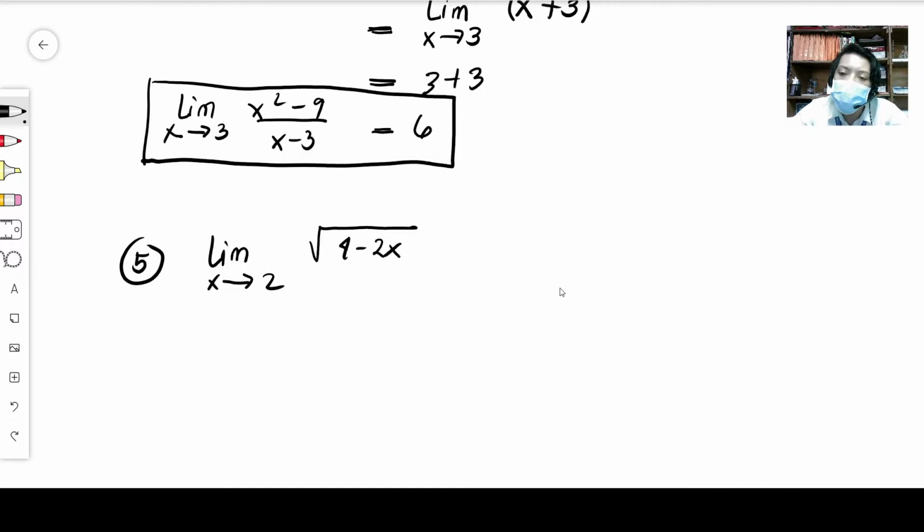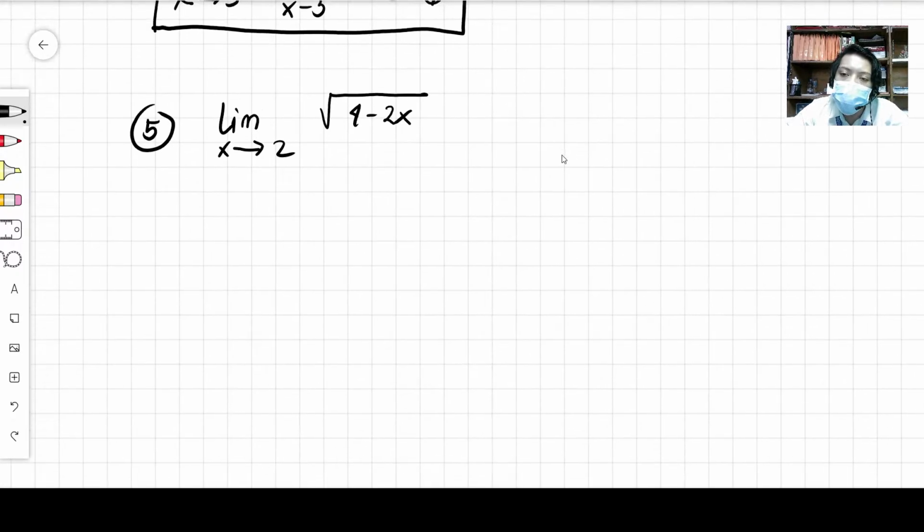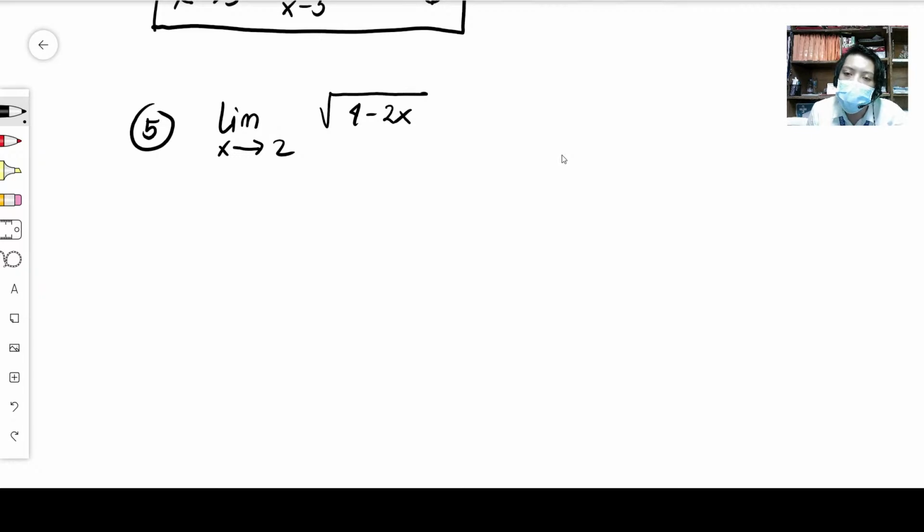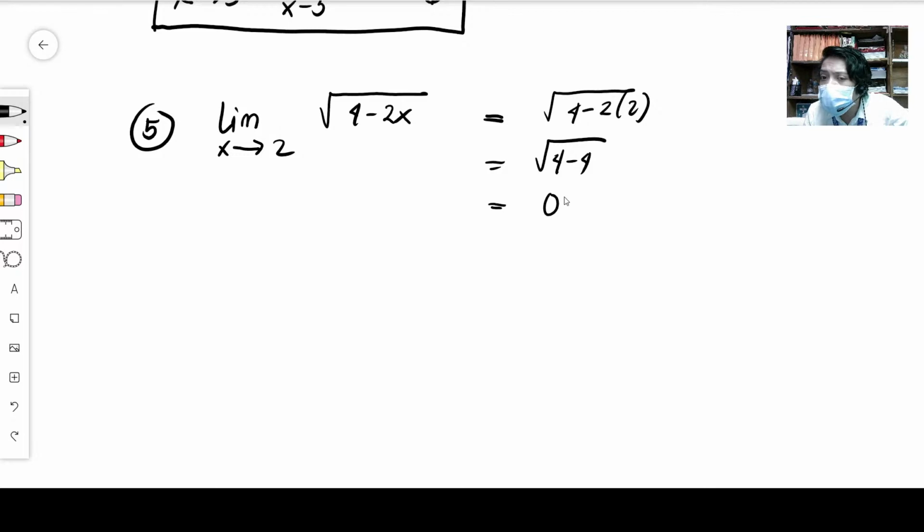How do we solve this? If you directly substitute, this will be the square root of 4 minus 2 times 2. This is equal to the square root of 4 minus 4, and the square root of 0 is 0. So the limit of the square root of 4 minus 2x as x approaches 2 is 0. And this is actually wrong.